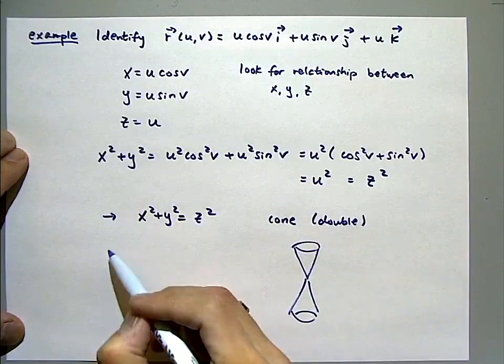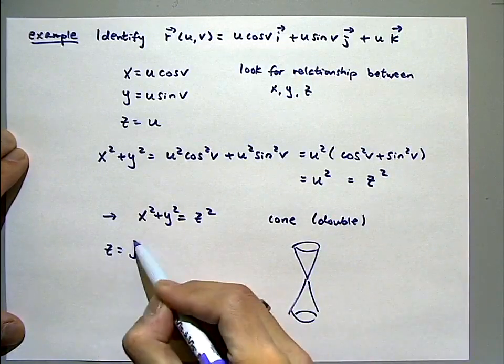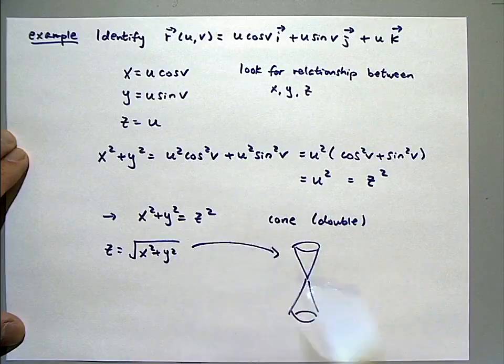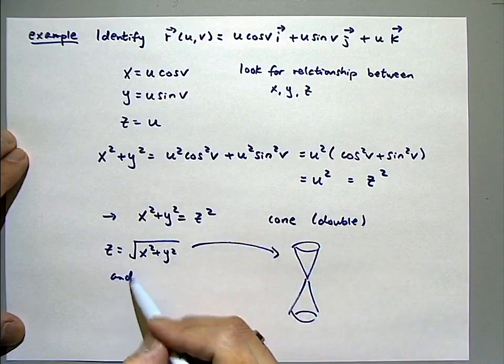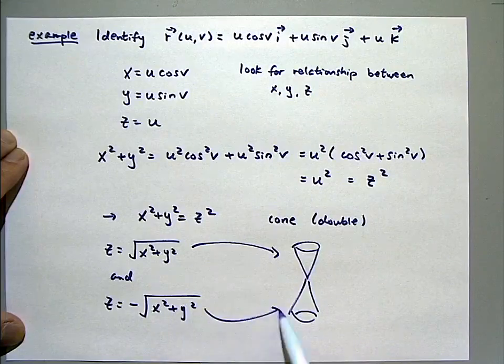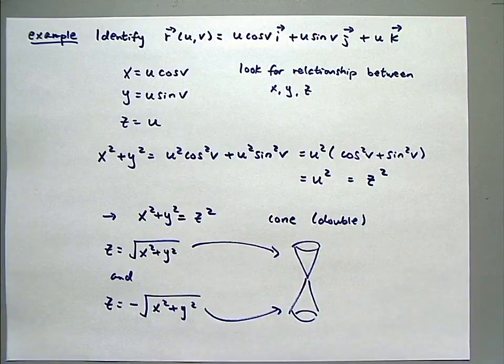You can write this as z is equal to the positive square root of x squared plus y squared, and that gives you the upper cone. It can also be the negative square root, and that gives you the lower cone. So here we have our double cone.